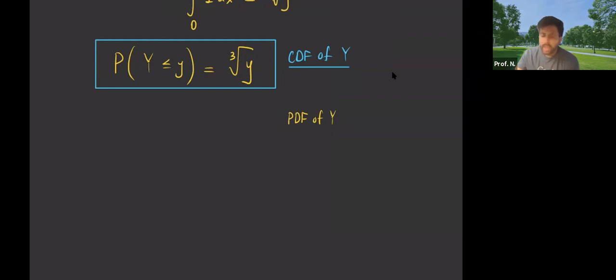How do you find the PDF of y? Well, go back to what's the CDF? The CDF of y is the probability that the random variable is less than or equal to y, which is equal to, by definition, the integral from negative infinity to y of f of x dx, right? That's the definition, correct? But how do I get the function here, just this function? How would I get rid of this integral sign?